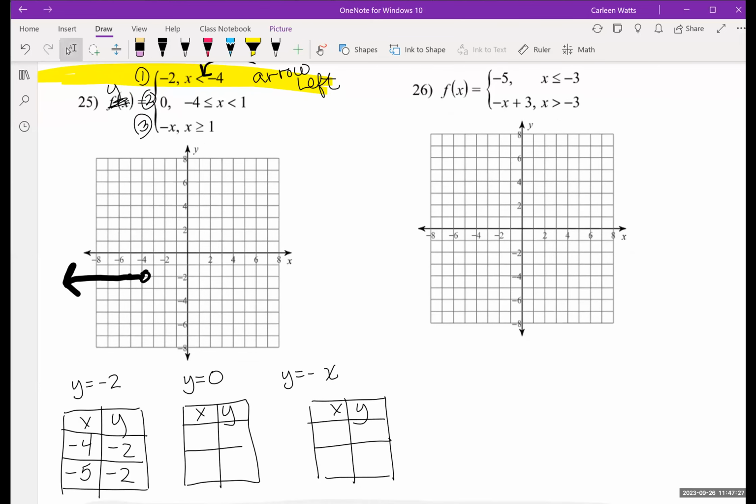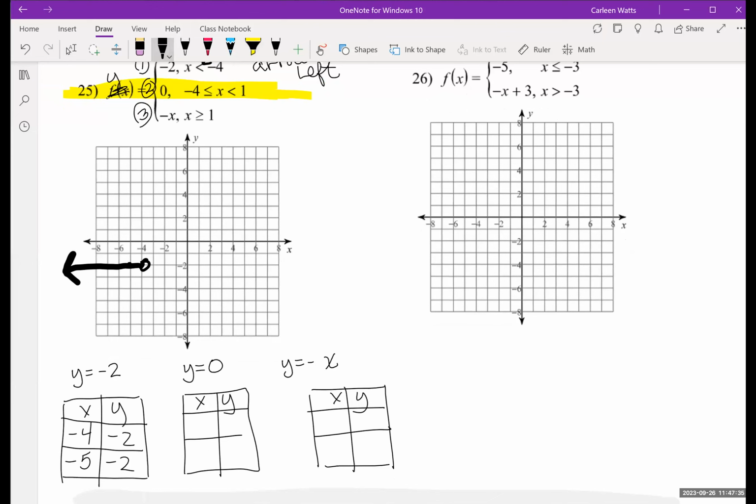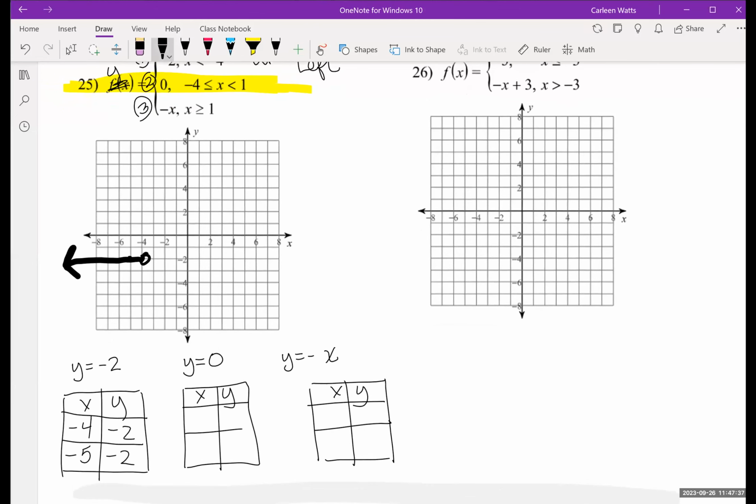Next part. Part 2. Y equals 0. I'm going to use x is -4 and x is +1. Notice this is horizontal.